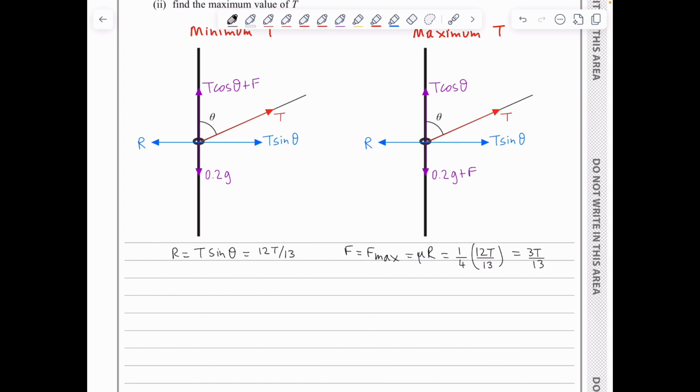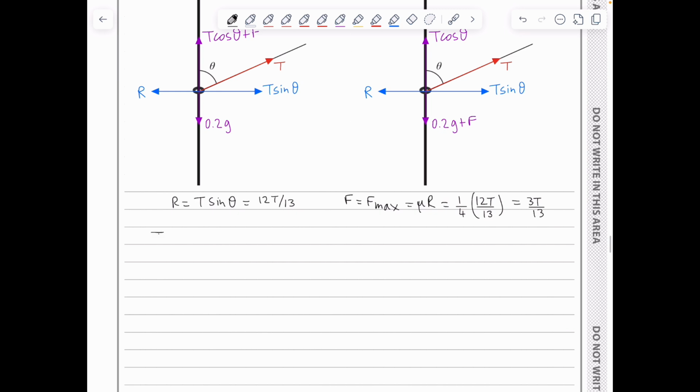So for the minimum value of T, we've got that T cos theta plus F is 0.2 g. So we're looking at 5T over 13 plus the friction of 3T over 13 being equal to 0.2 g, leading to 8T over 13 being equal to 0.2 g.